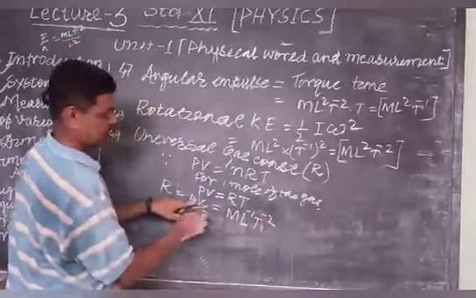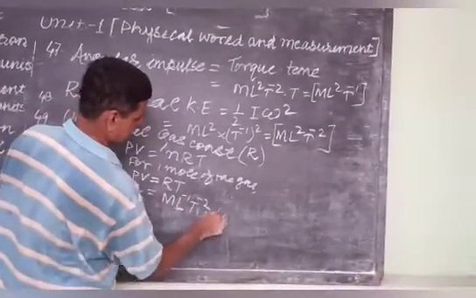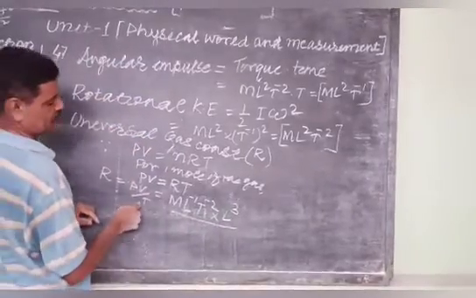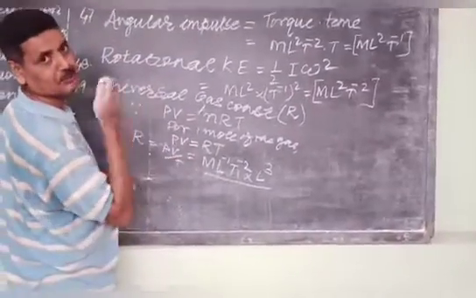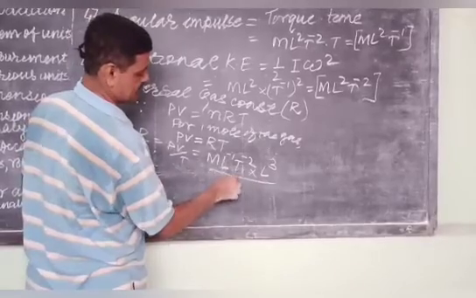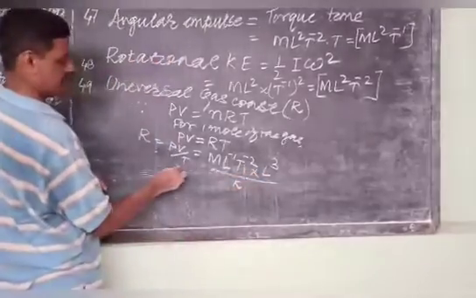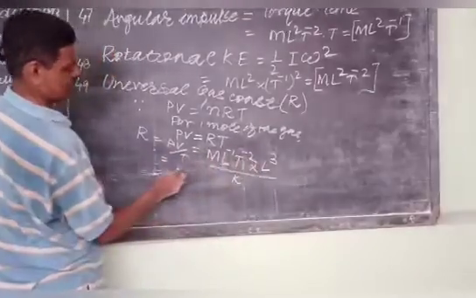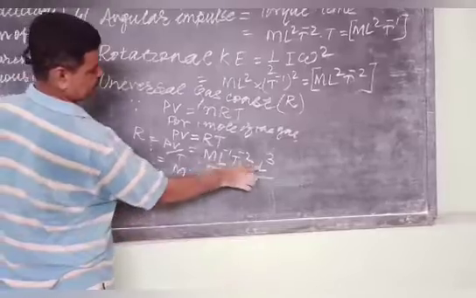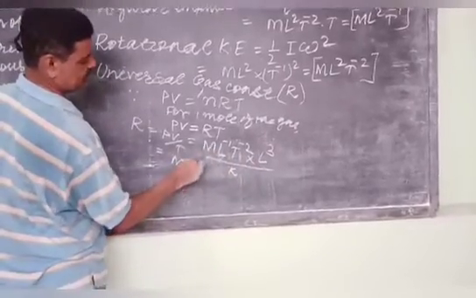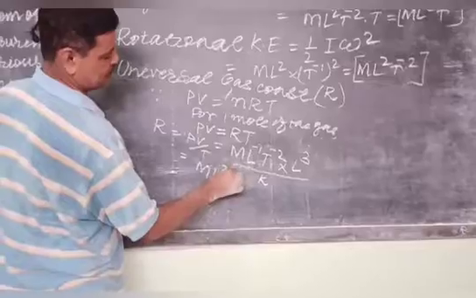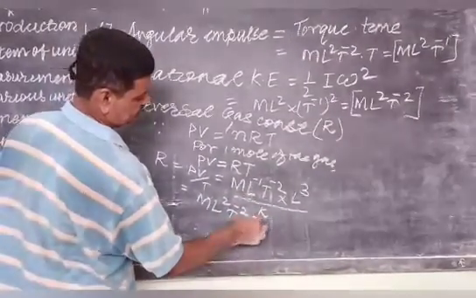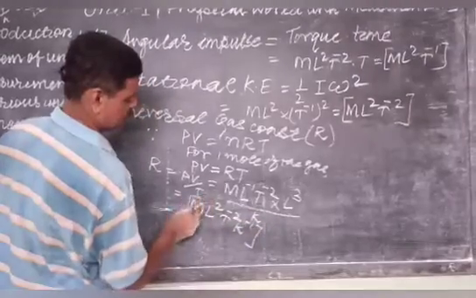This was the pressure. Volume of the gas is L cube, divided by the temperature of the gas, K, and finally we can write this as m L square T to the power minus 2, and K to the power minus 1.